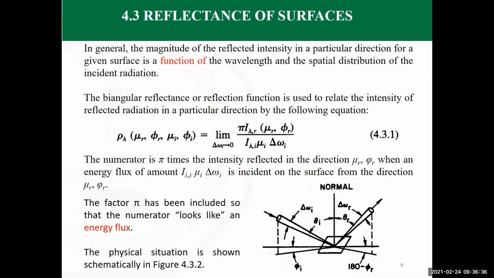We have mu r, which is cosine theta r, phi r, which is the azimuthal angle r, and then the same angles for the incident energy. And again, it depends on the value of lambda, so it's a monochromatic value. So the definition of monochromatic directional reflectance can be given by that expression that you see here.